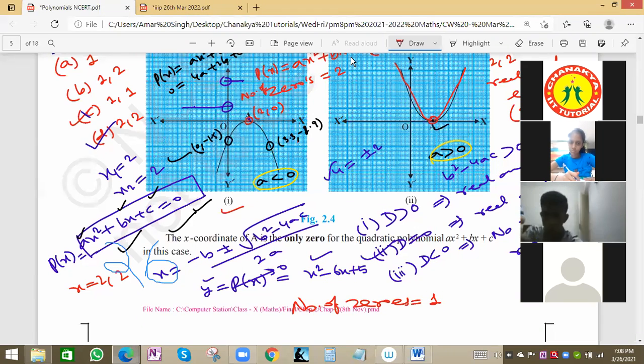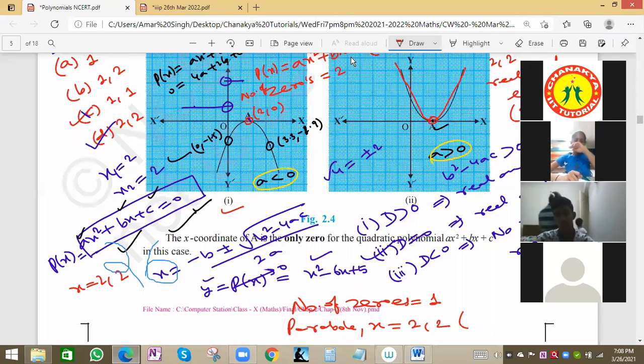But now, if they say the graph is a parabola, then the number of zeros will be 2, because parabola means degree 2, a quadratic curve, so we get two solutions.